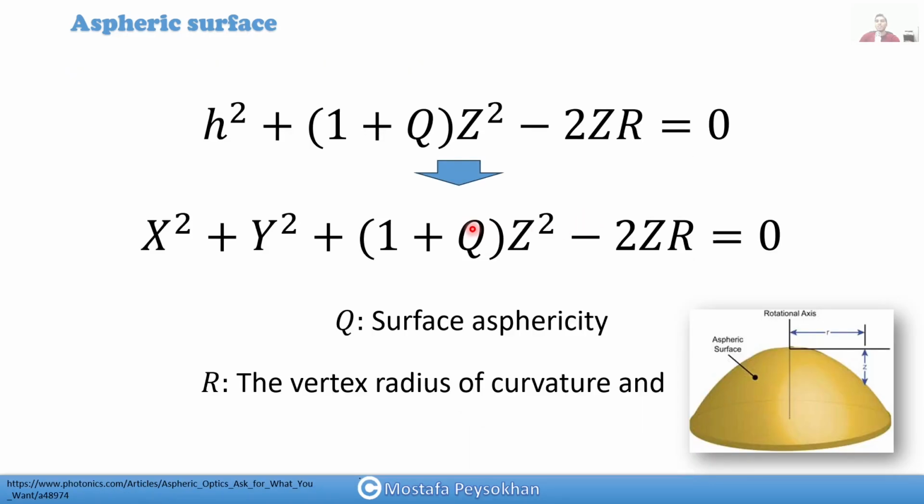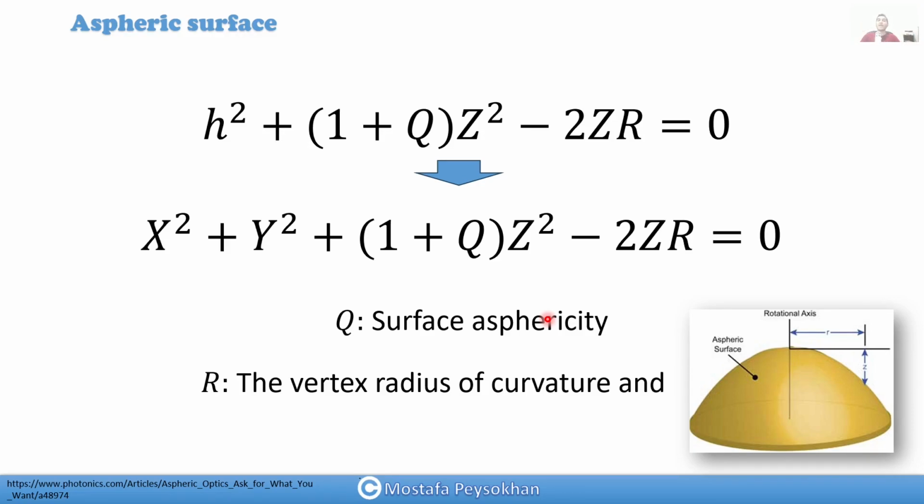So now let's talk about the mathematics of an aspheric surface. This is the equation that we have for any kind of aspheric surface. H squared is equivalent to x squared plus y squared. Instead of just z squared, we put a constant (1 + Q) z squared minus 2Rz equal to 0. Just in your mind, if you put Q equal to 0, it's going to be a spherical surface that is offset by R. If you look at the math, you can say it's a completely spherical surface.